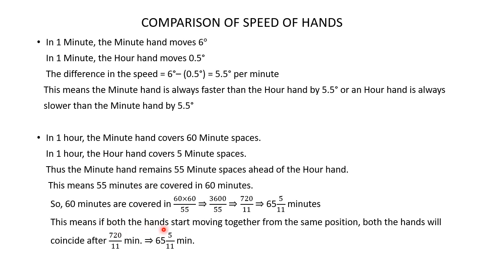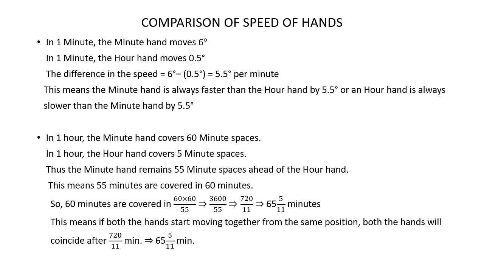So if both the hands start moving together from the same position, and if the speed of both the hands is the same, then both the hands should coincide after 60 minutes. That is, if both the hands start moving together from the same position, then both the hands should coincide once every hour.